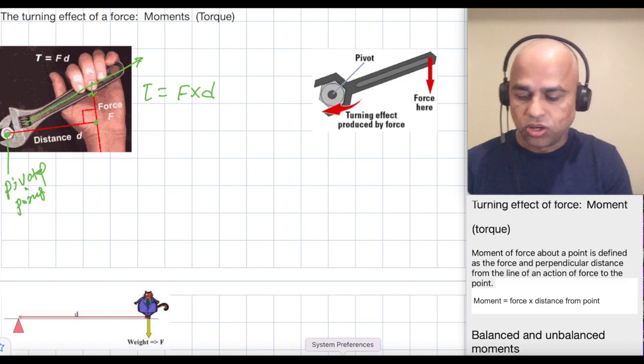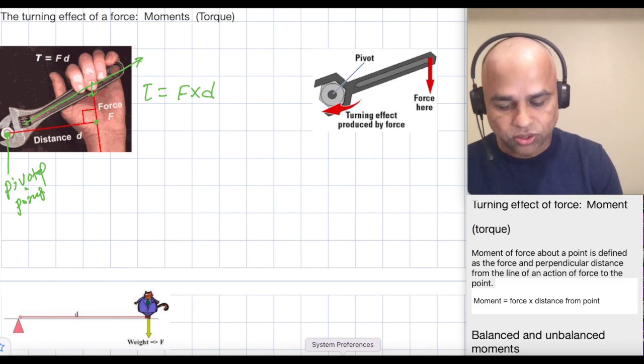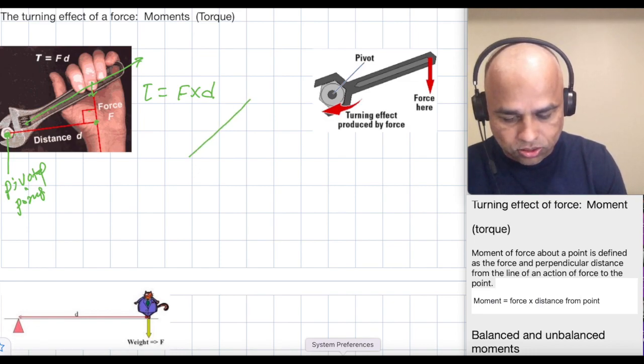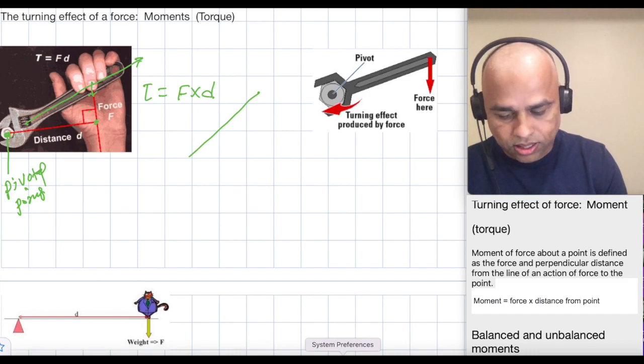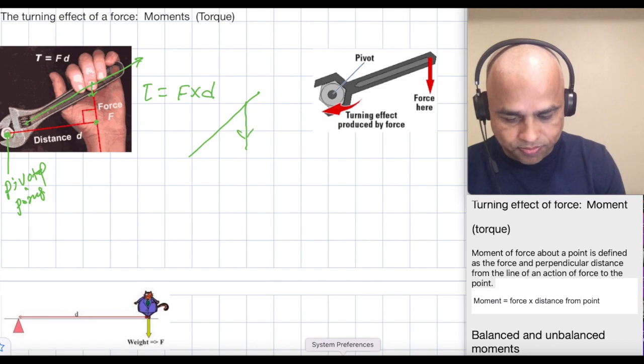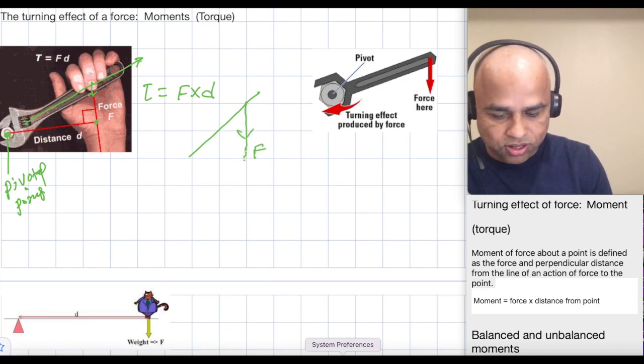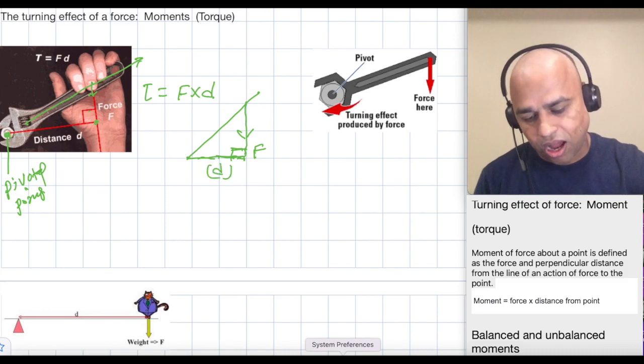But actually we don't know the D, but we know the angle. Look here, in this example. This is the wrench and F, and we need a perpendicular distance. This is the perpendicular distance, which is called D. And how do you calculate this?